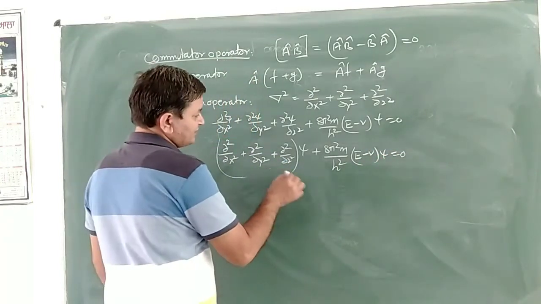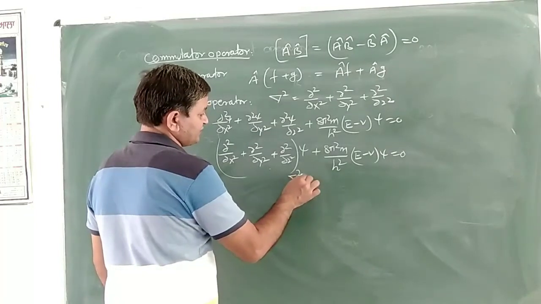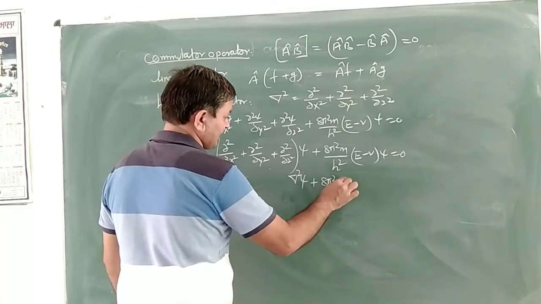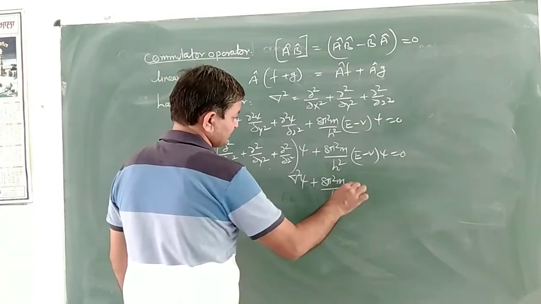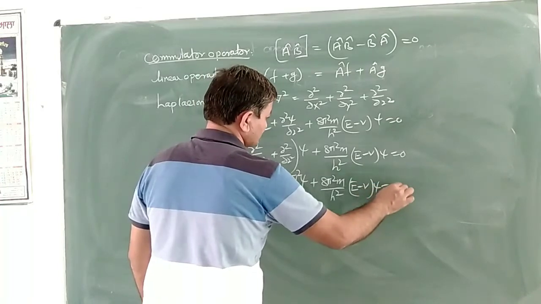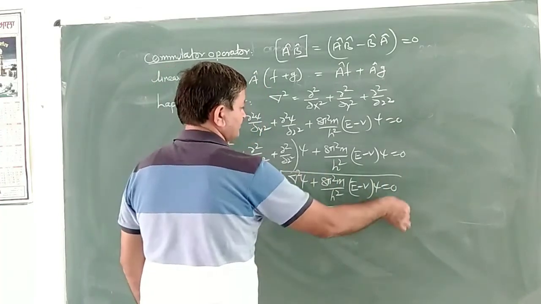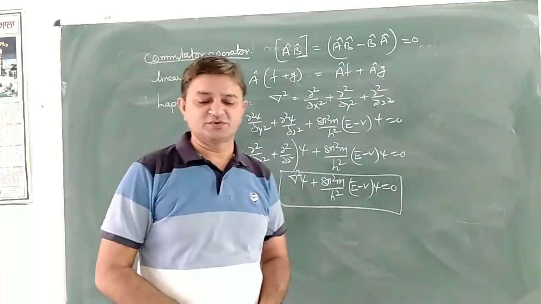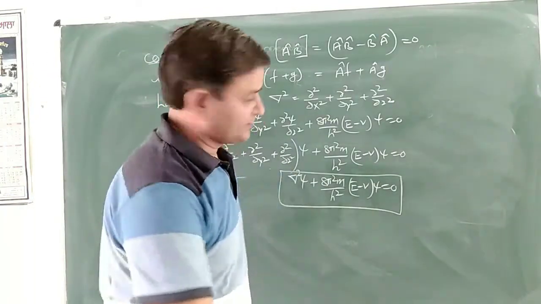So this is called the Laplacian operator. Del square psi plus 8 pi square m divided by h square times E minus V times psi is equal to 0, which is called the Laplacian operator.